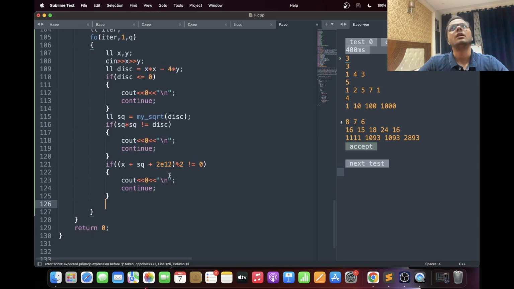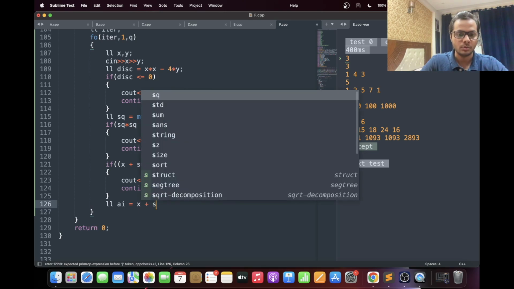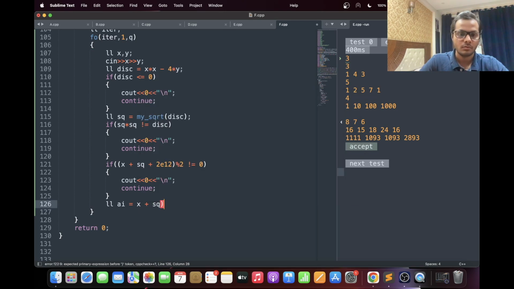Right, then the value of ai would be, so ai is going to be what? x plus sq divided by 2.